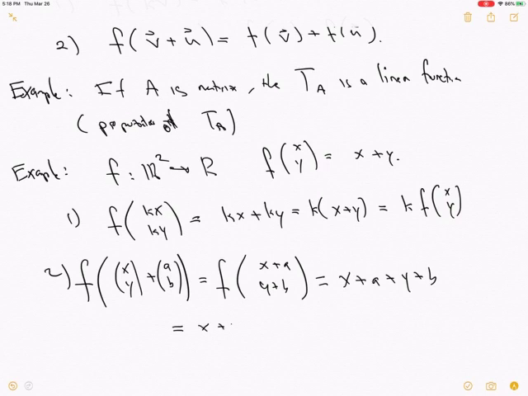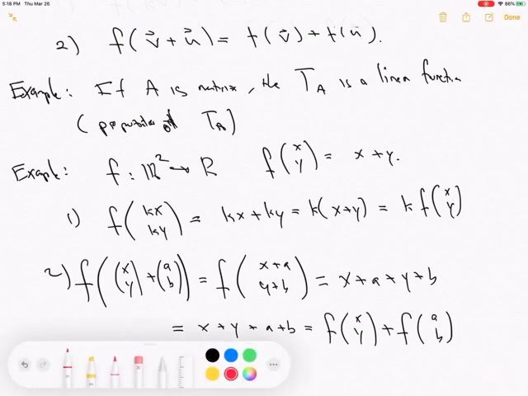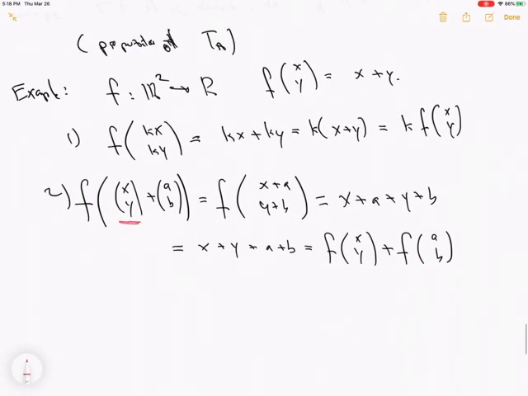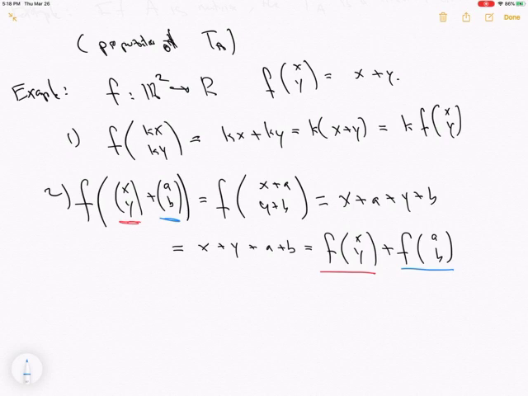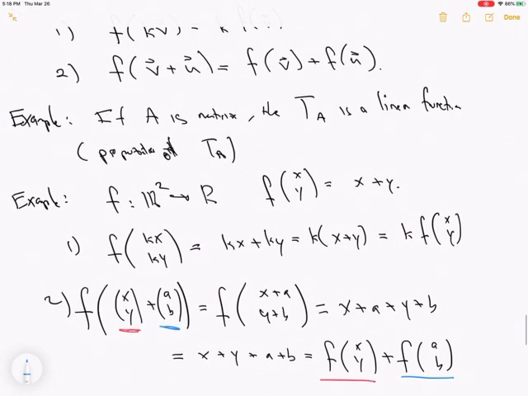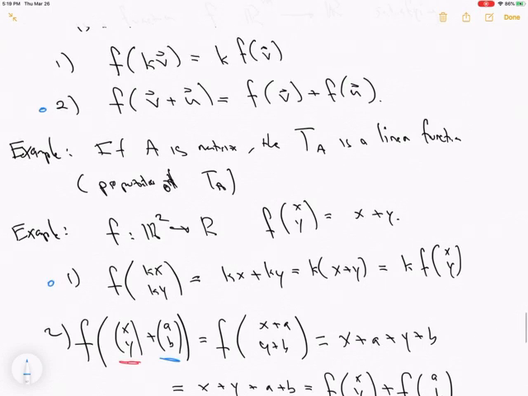So we can write this as x plus y plus a plus b, and that's the same thing as f applied to (x, y) plus f applied to (a, b). So f of that vector plus that vector is the same as f applied to the first vector plus f applied to the second vector. That's what property 2 says. So it satisfies property 1 and property 2.